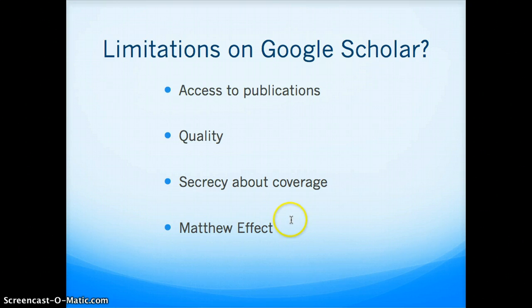So the last limitation that I see as Google Scholar having is what's called the Matthew effect. All scholarly journals are given a ranking or an impact factor on the publication. And one thing that Google Scholar does is it puts high weight on citations.